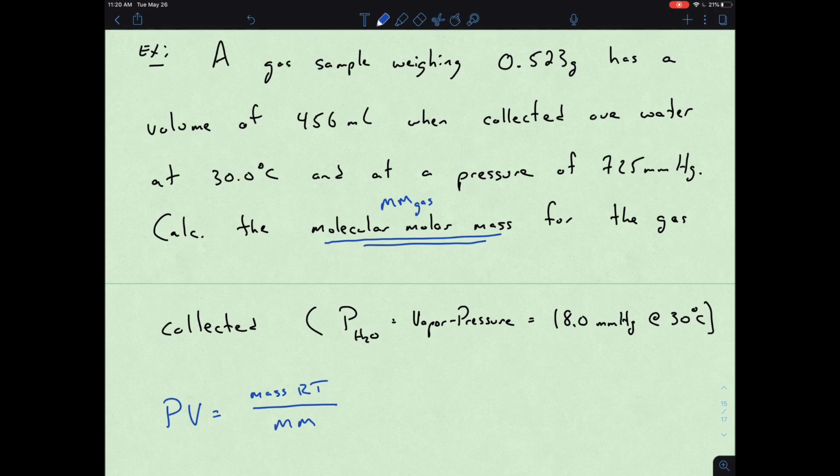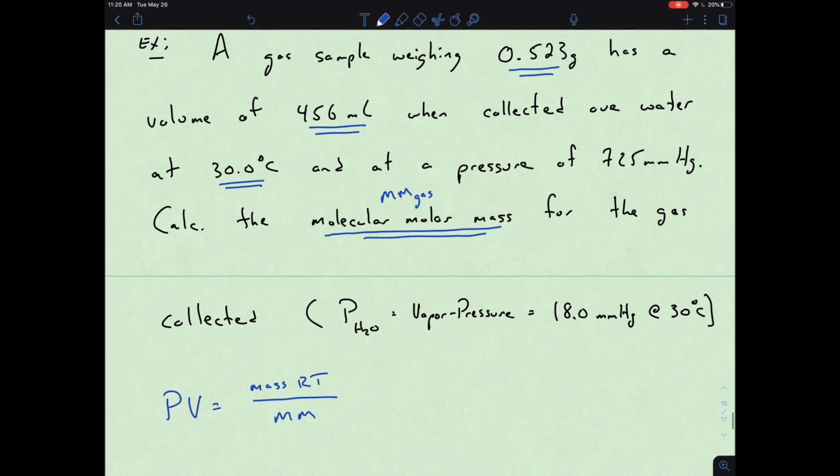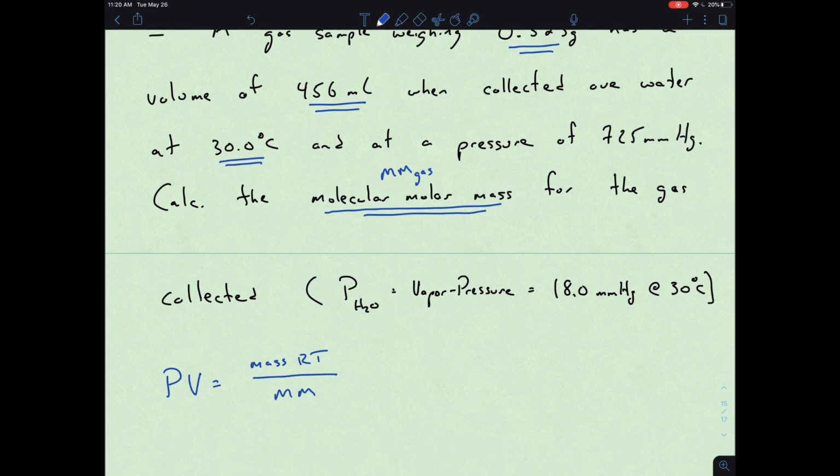I have a mass of 0.523 grams. I also have a volume of 456 milliliters, and I have a temperature of 30 degrees Celsius. So there's quite a bit that I already know here from my information above, right? R is our constant.